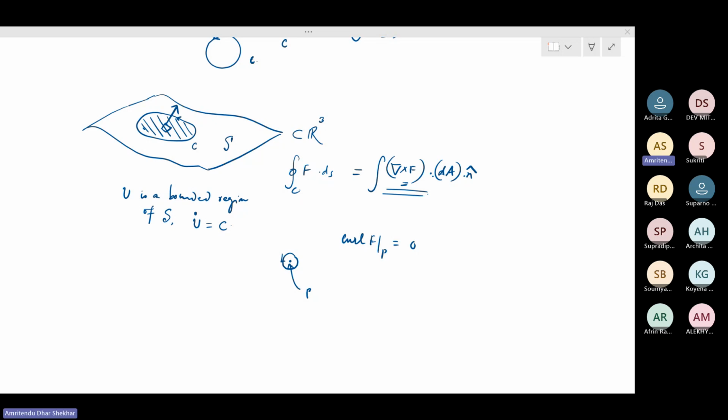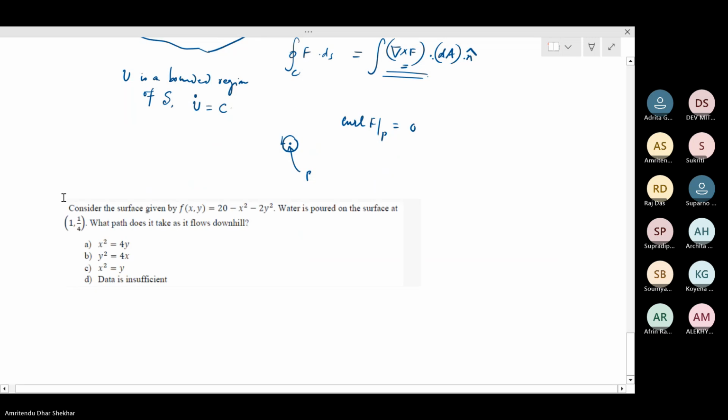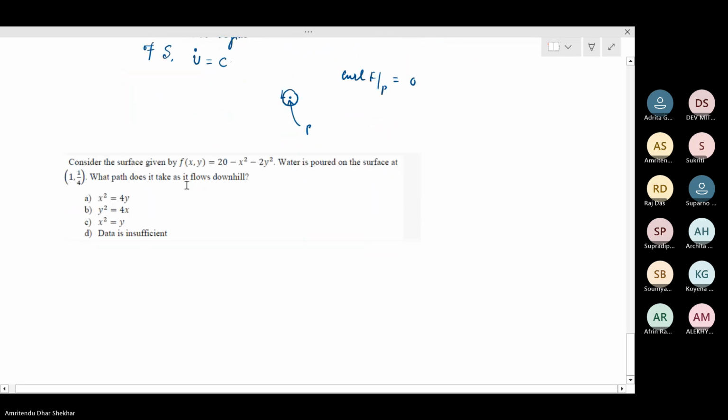Okay, so I think this problem is okay. It illustrates a point. For a given vector field, there is a very natural concept which is called the flow lines of that vector field.